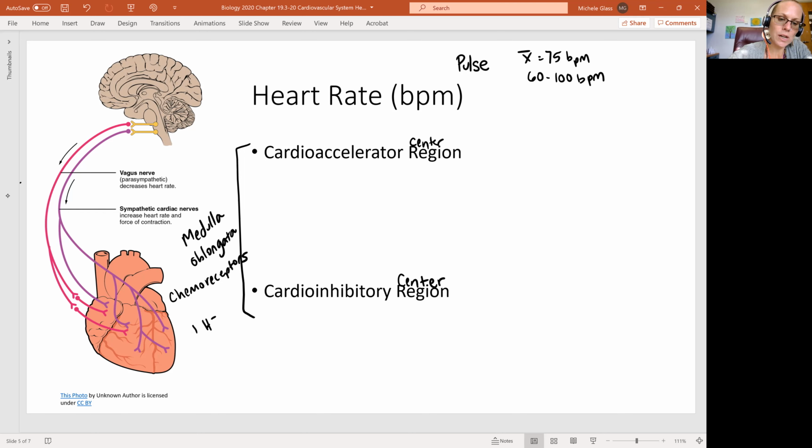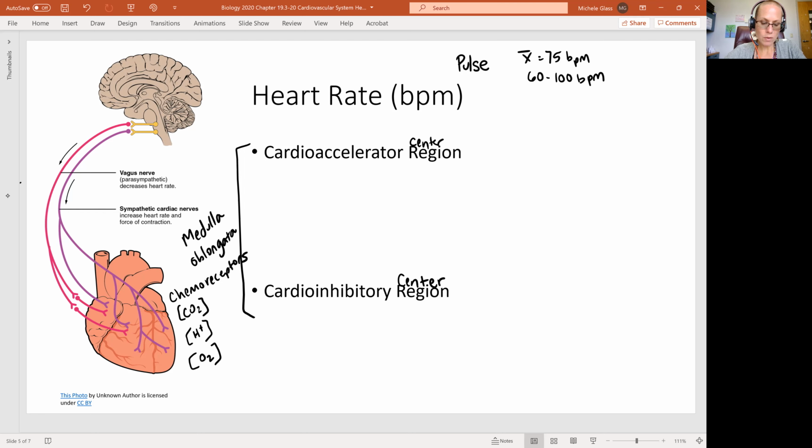Actually, let me change this and say we have chemoreceptors that are responding to the concentration of carbon dioxide gas, concentration of hydrogen ion, and concentration of oxygen gas. So we're looking at all three of these.